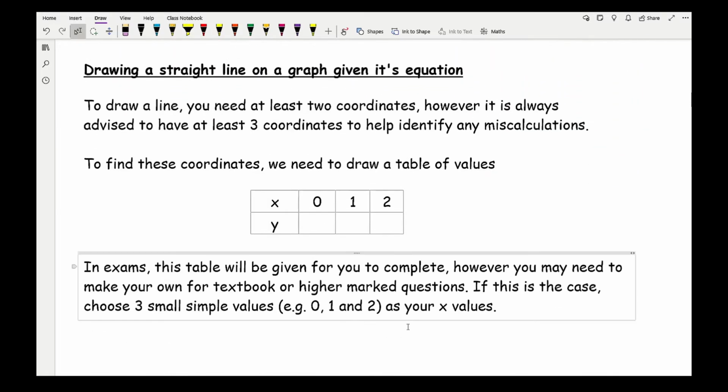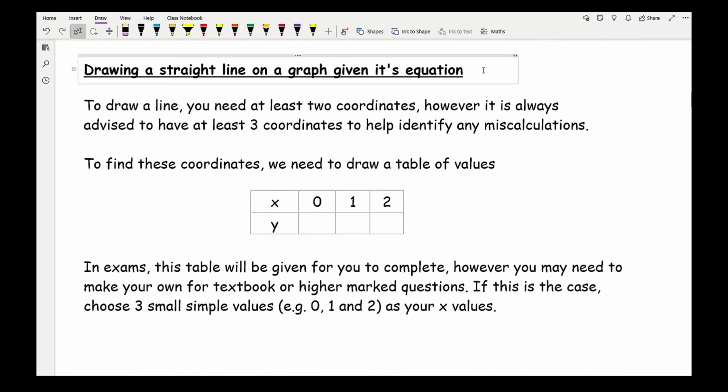So let's focus on the main point of this video, which is actually drawing and plotting a straight line given its equation. So to draw a line, you need at least 2 coordinates. However, it is always advised to have at least 3 coordinates to help identify any miscalculations. If I drew 2 points, well, you only need 2 points to draw a straight line. Because obviously if I only had 1 point, then it could be this line, it could be that line, it could be that line, whereas 2 points give me a distinct line.